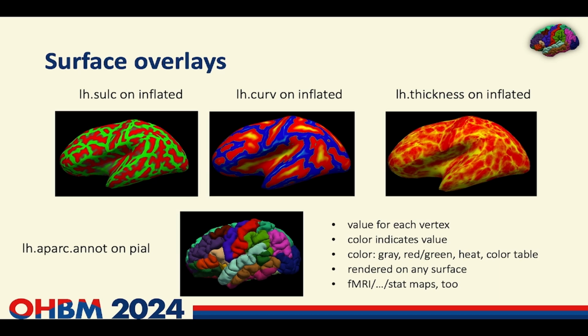You can render these on any of the surfaces that you have available. And beyond these measurements, if you have additional measurements, for example, fMRI, various statistical maps, or measurements that you derive from diffusion analysis, those can also be mapped onto these surfaces.